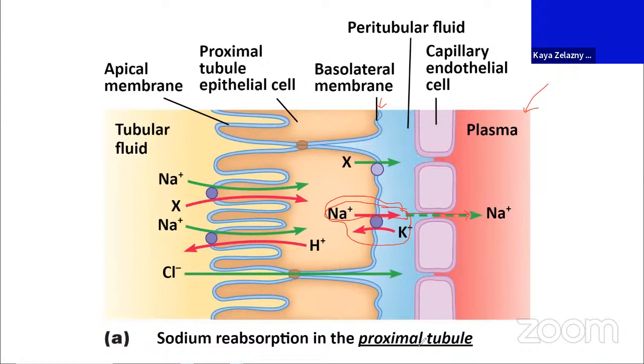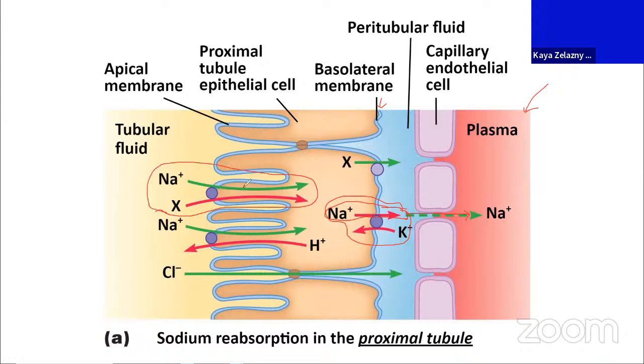Okay. Here we're looking at the proximal tubule. So in the proximal tubule, what we were thinking about was this basolateral membrane sodium potassium pump setting up a nice sodium gradient that we could use for secondary active transport of other things. Before we were thinking about the glucose co-transport with sodium, so glucose would be the X here, right?